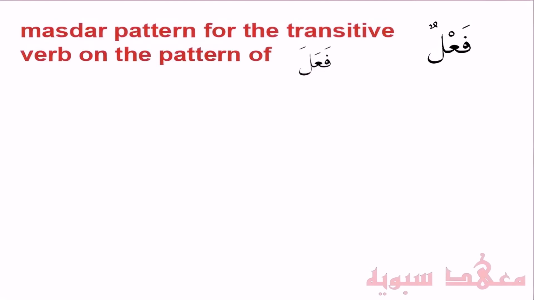So this is one of the masdar patterns. Now this masdar pattern is used for transitive verbs on the pattern of fa'ala, either bab fataha yaftahu or bab daraba yadribu. So for example, the masdar of daraba is on this pattern, which is darbun.